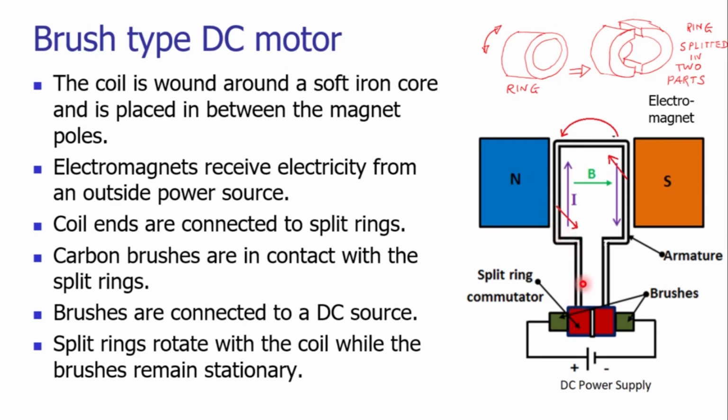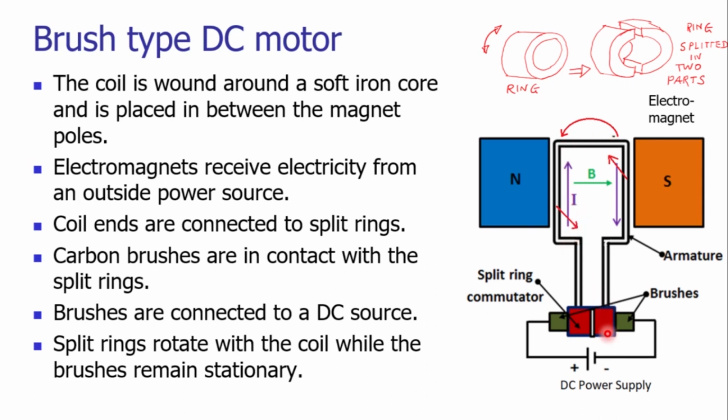As this portion is getting aligned with the south pole, there is a change in polarity. So this portion, which is in contact with the positive polarity, will be connected to the negative polarity after a rotation of about 180 degrees.